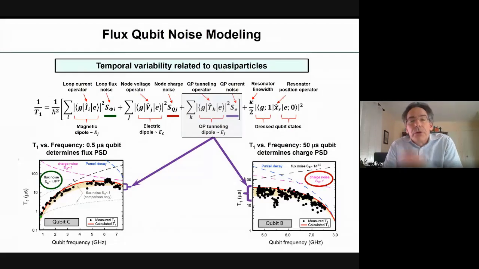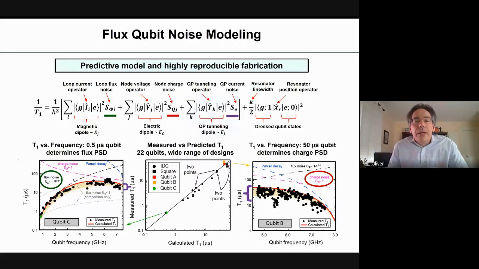Okay, and so with all of these added together, we then went and made 20 more qubits of varying designs to exercise this model. And what you see here is measured T1 versus calculated T1. The data points basically fall on the line that you see, indicating that what we measured was close to what we calculated. And this says, I think, two things.